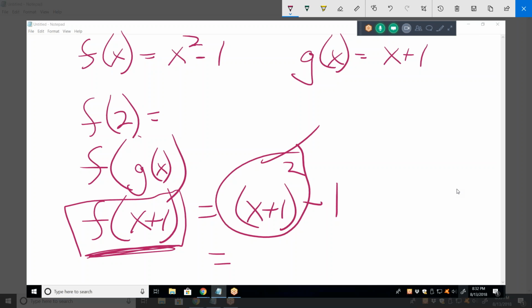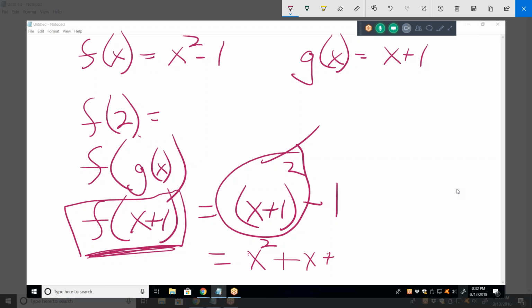So what is x plus 1 quantity squared equal to? It would be x squared plus 1. No. Remember, you got to FOIL it. Oh, yeah. So it's x plus 1 times x plus 1. So then that would be x squared plus x plus 1.